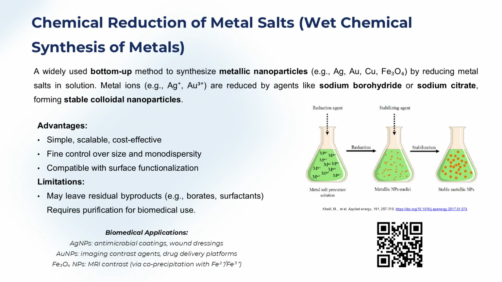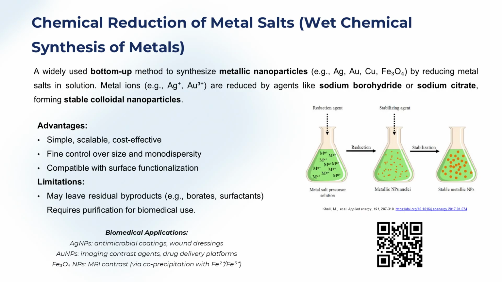Chemical reduction of metal salts is a widely used bottom-up method to synthesize metallic nanoparticles by reducing metal salts in solution. Metal ions like gold or silver are reduced by agents like sodium borohydride or sodium citrate, forming stable colloidal nanoparticles.